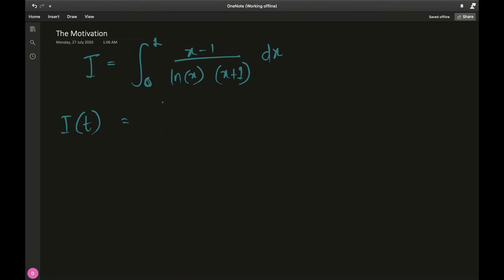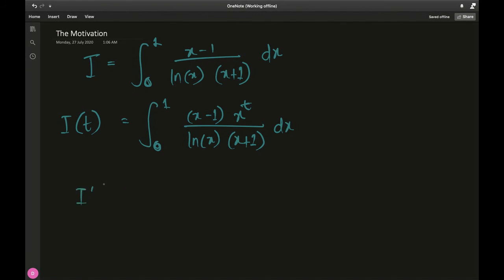We can have a parameterization of an exponential function, and you'll see in a minute why. So x minus 1 times x to the t divided by natural log of x times x plus 1 dx.